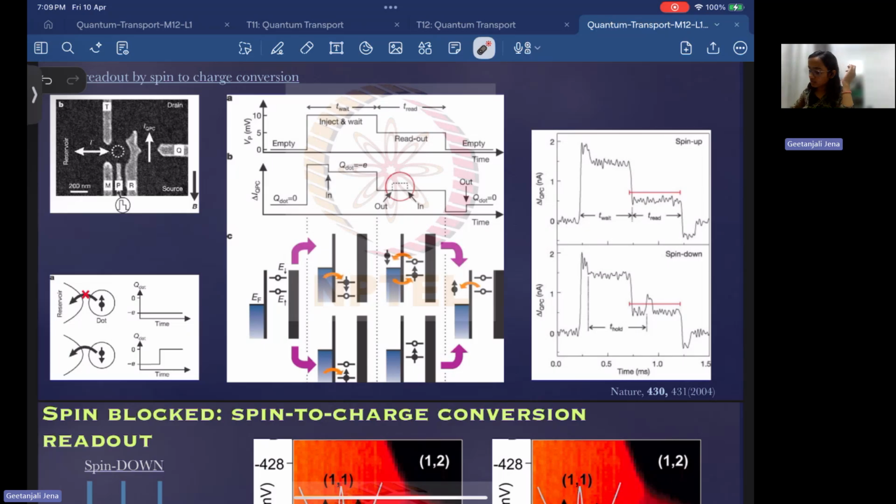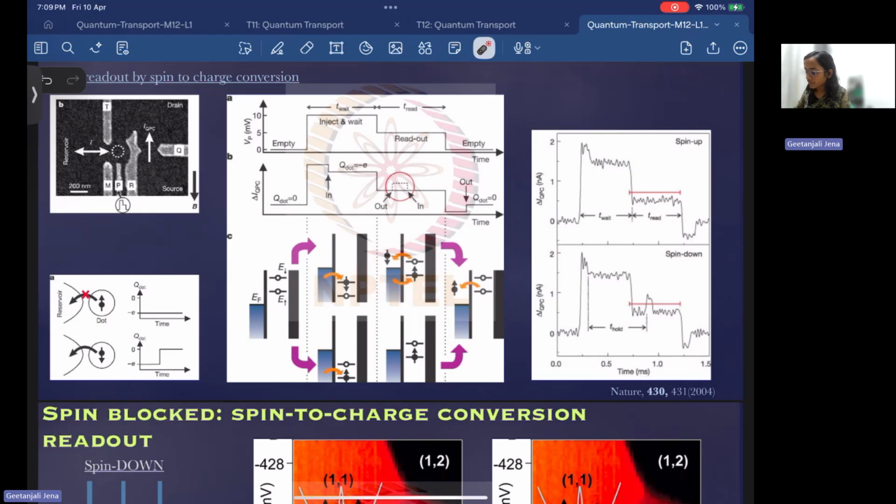So this means in the readout region, for the spin up state there is no peak here. But for the spin down state, we'll see a peak, a small fluctuation in delta IQPC because of this electron tunneling in the spin down state.